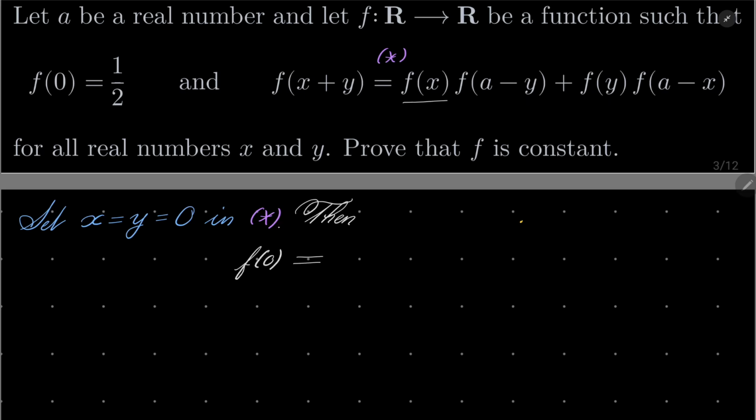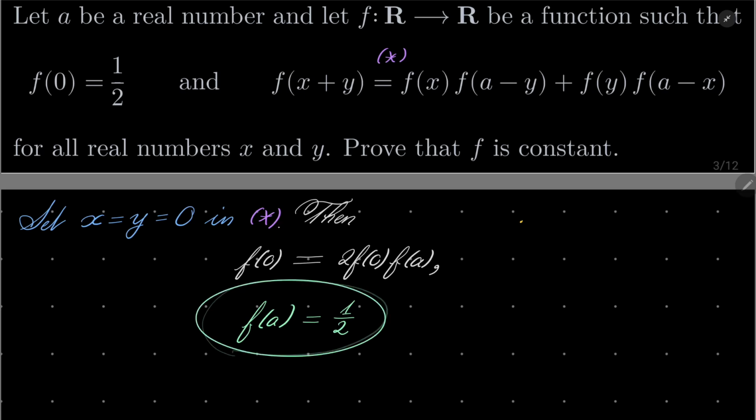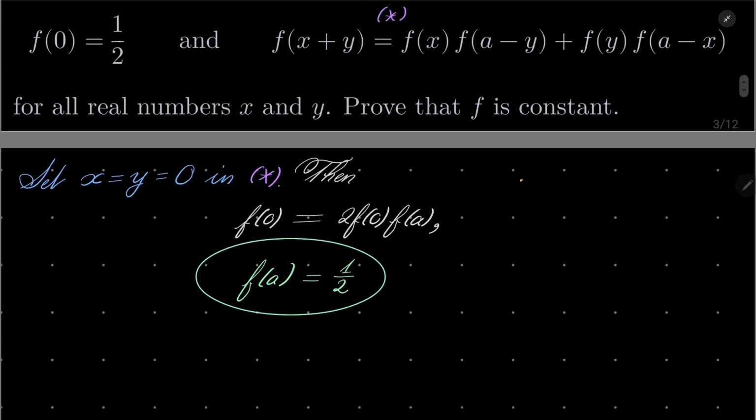So it's 2 times f of 0 times f of a. But what is f of 0? Well, it's not 0, that's all that matters. In particular, f of a must be 1/2 after dividing by 2. Let's remember that.